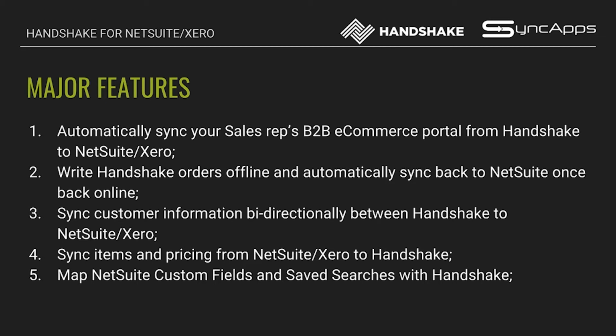Isn't that amazing? Thirdly, you can sync customer information bidirectionally between Handshake and NetSuite or Xero. Next, you can sync your items together with their inventory level and pricing from NetSuite or Xero to Handshake. And also, you can map additional NetSuite custom fields and saved searches with Handshake.